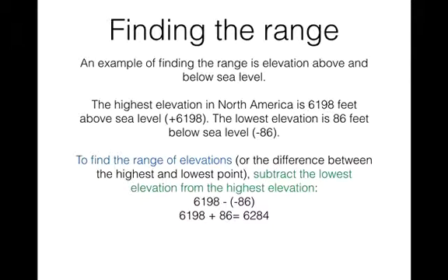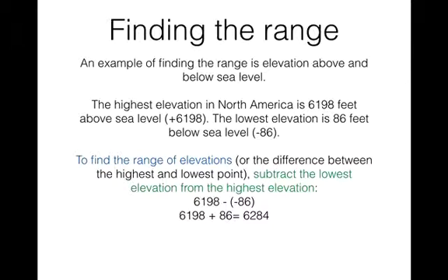Sometimes you're given an example in a word problem, and one of the typical examples that they give is the elevation of land above and below sea level. The highest elevation in North America is 6,198 feet above sea level, which would be a positive 6,198.